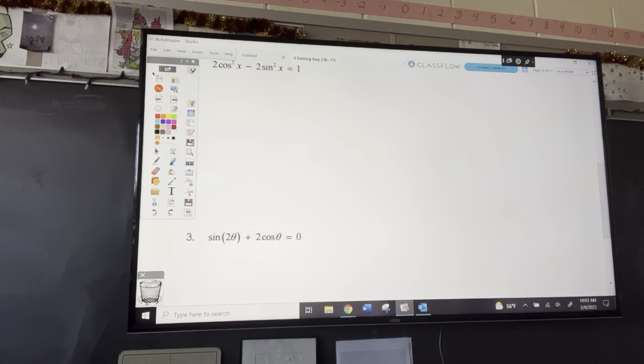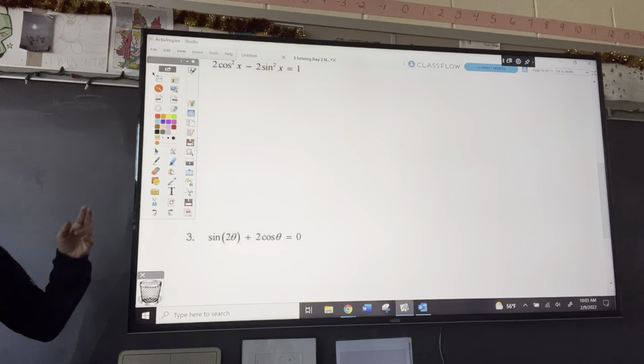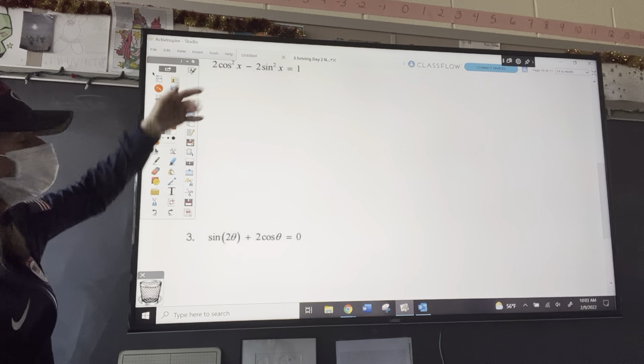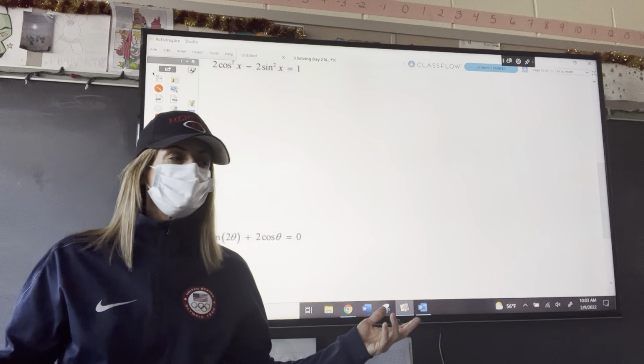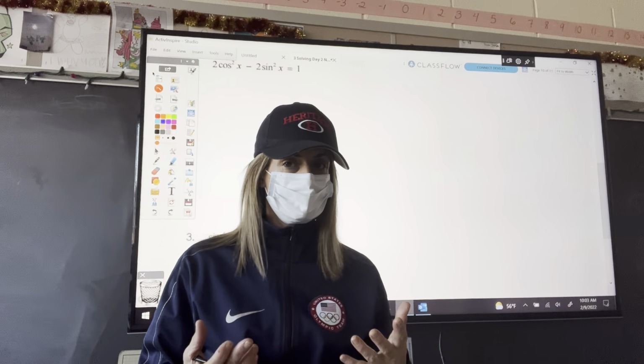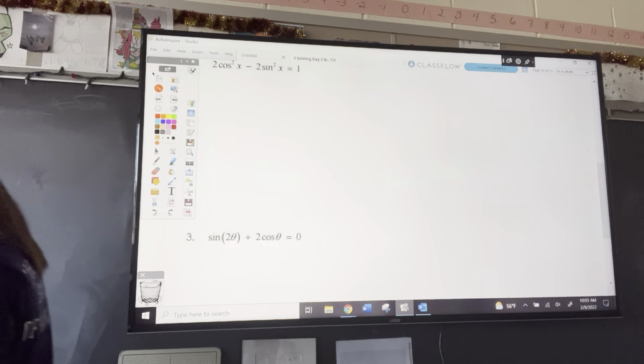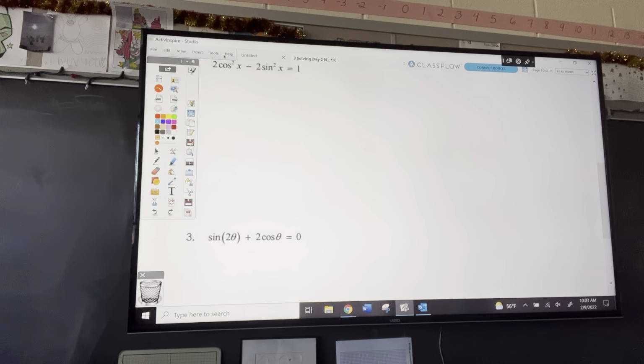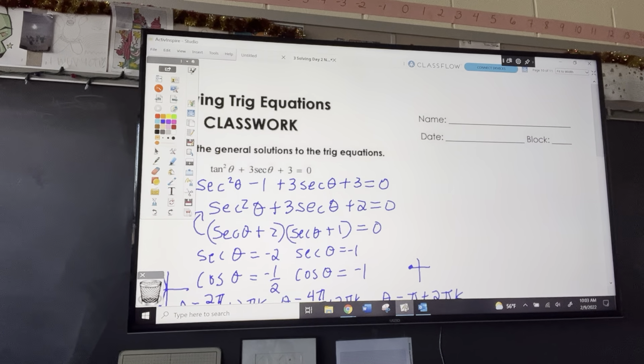So problem number 2. I've got cosine squared minus sine squared equals 1. The way it is right now, I can't really solve it. So I look at my formulas, and one Pythagorean theorem identity formula I could use, if I flip back a couple slides I can show you.